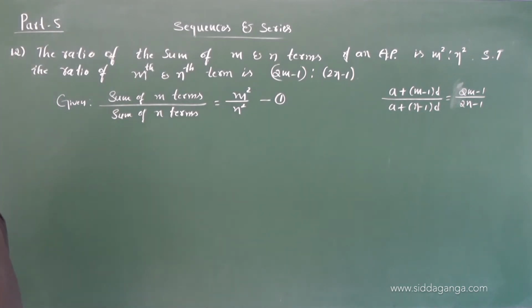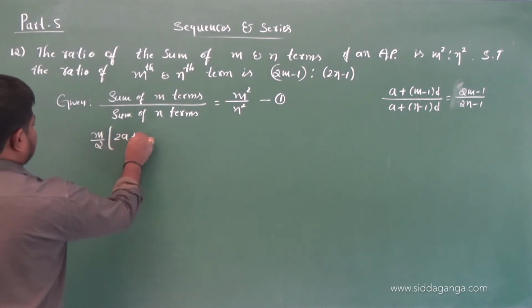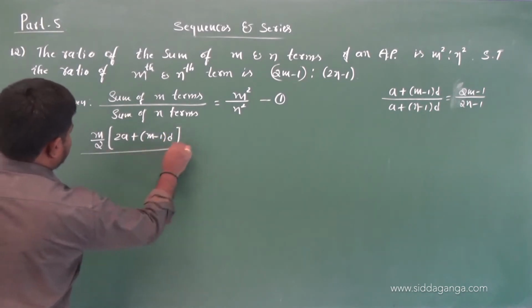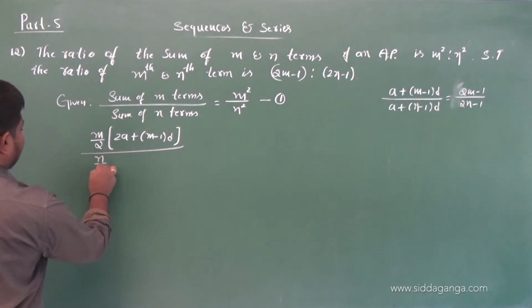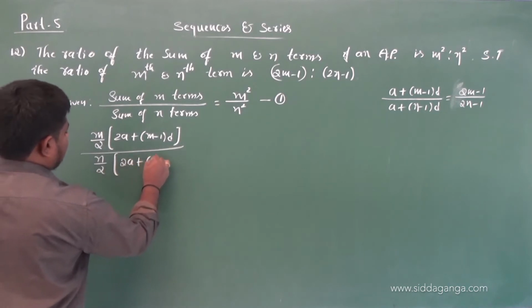So now, the sum of m terms is what actually? m by 2 into 2a plus m minus 1 into d, where a is the first term and d is the common difference, divided by n by 2 into 2a plus n minus 1 into d.